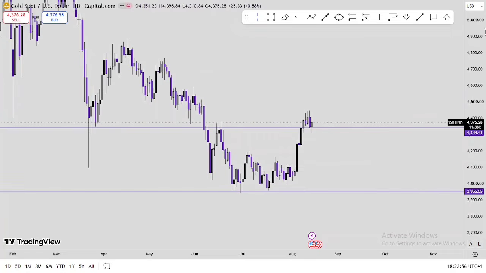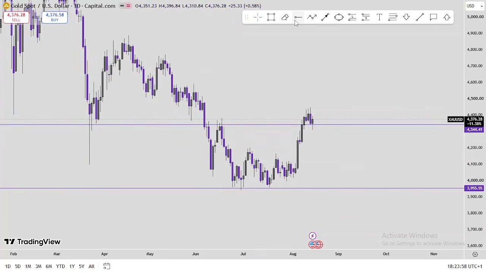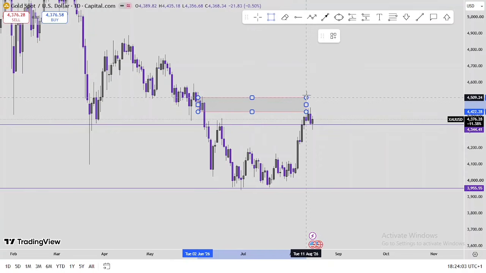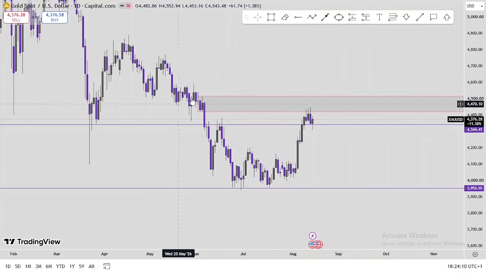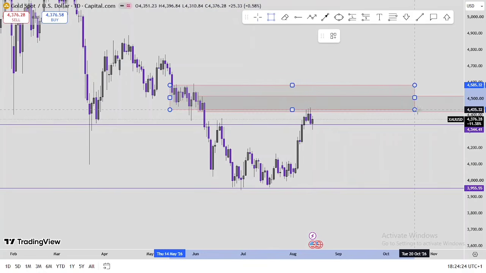multiple areas of potential problems, because we have this supply area here and we have other supply areas here and here too. So whatever buys I'm looking for will not be in and around these areas here.